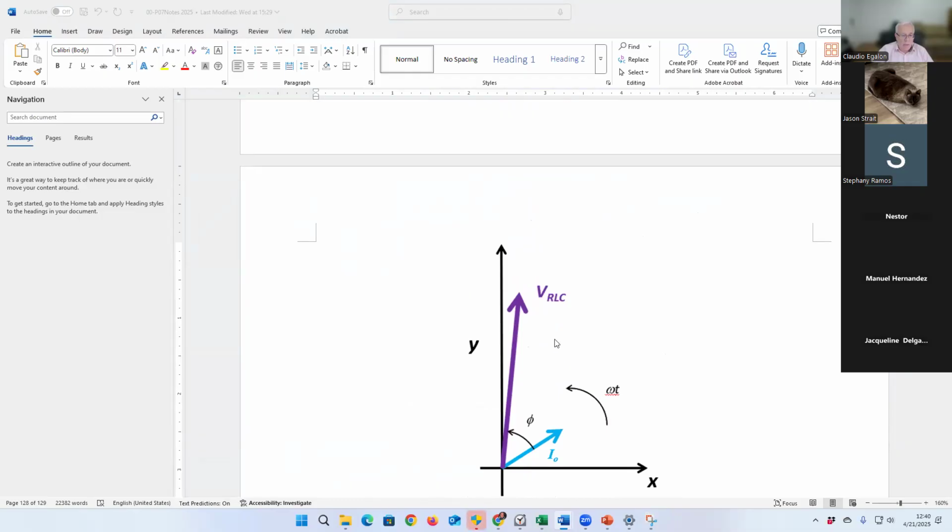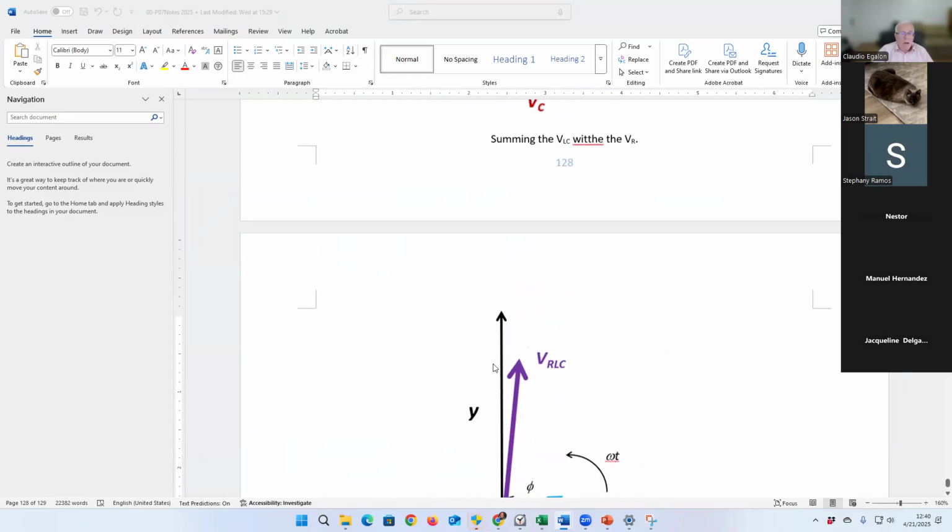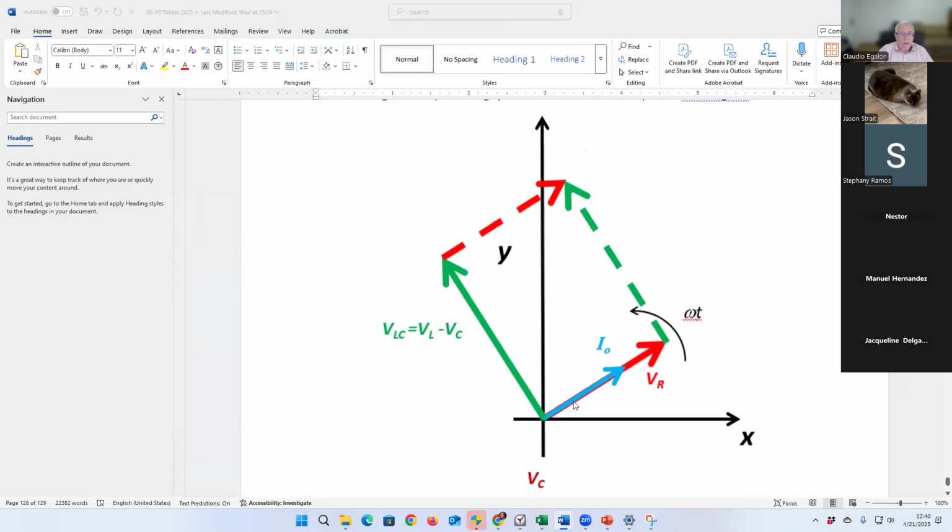So the tangent of phi is going to be this length here divided by this length here. Phi is this angle right in here. And we can write it down.